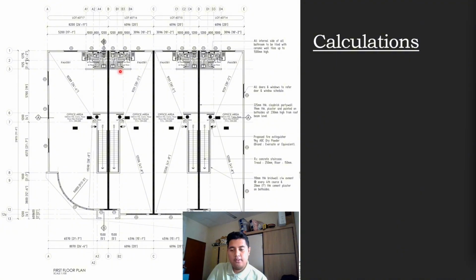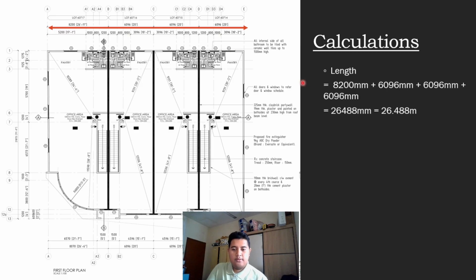The first one being, we find the length of the building first, which is the one on the top here, and we bring it out, which is still the same as the ground floor. And next is the width of the building, which is this one, and we just bring out the number. It's already been listed there.